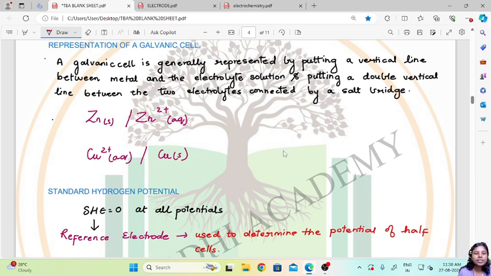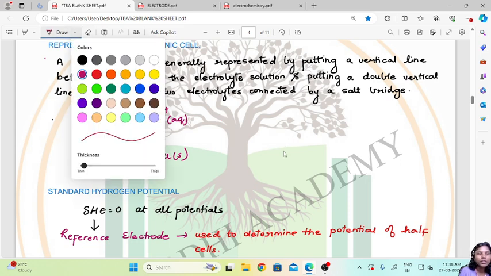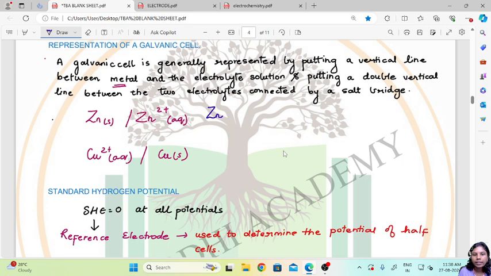Say the example is this: Zn(s), Zn2+ (aq) and Cu2+, Cu. What does it say? First we have to start by writing the metal. The metal is Zn, correct? So that is the metal, solid. Next, you have to put a vertical line between the metal and the electrolyte solution. Next is the electrolyte solution, which here is ZnSO4, that is aqueous.